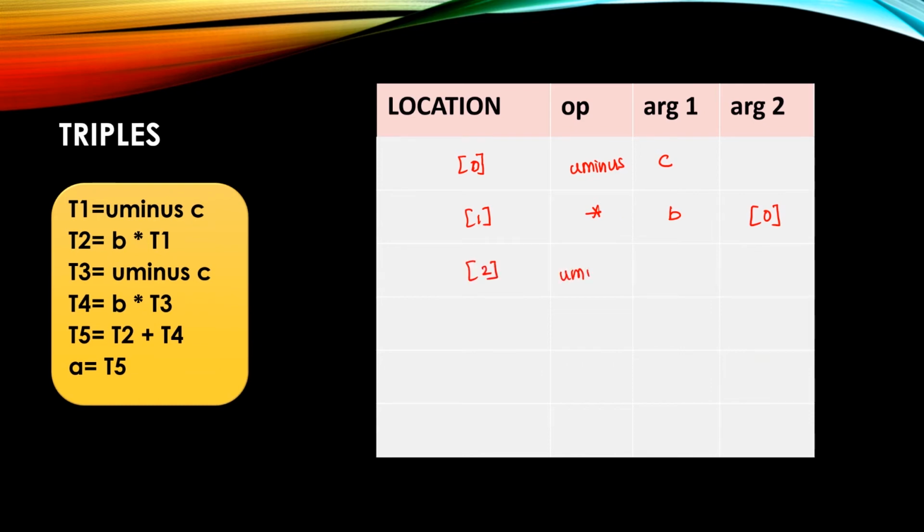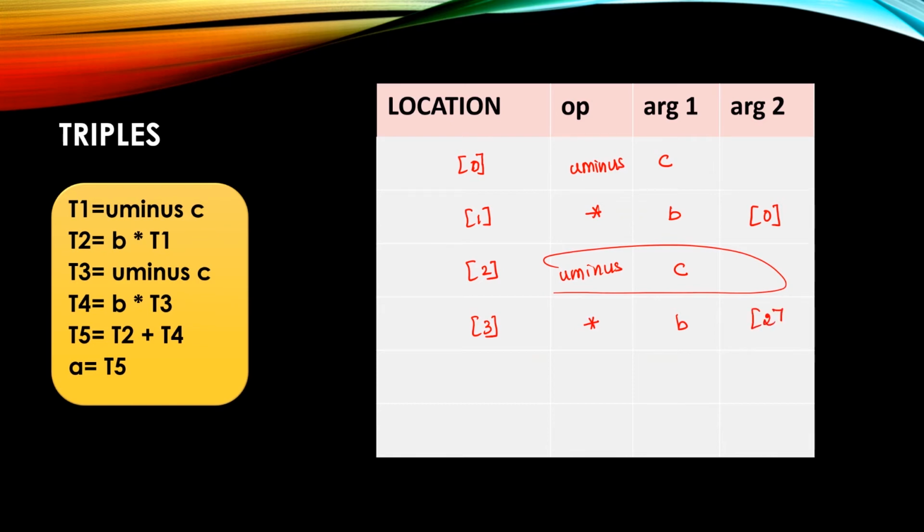The next statement is stored in the location 2, the operator is U minus and the first argument is C. For the next statement, it is stored in the location 3, operator is multiplication operator, first argument is B, second argument is T3. So where is the result of T3 stored?